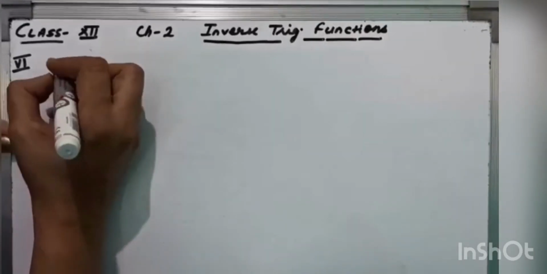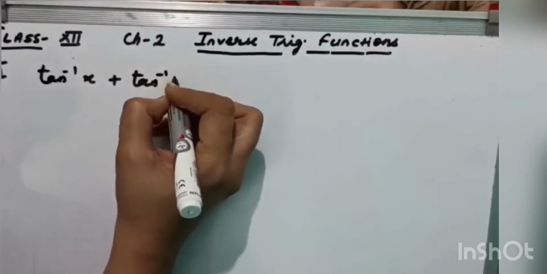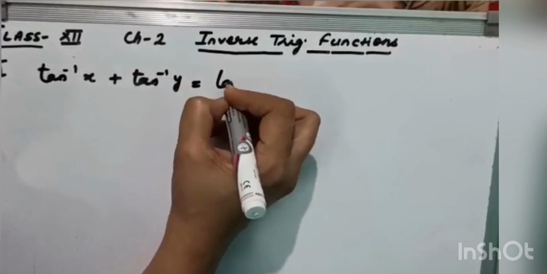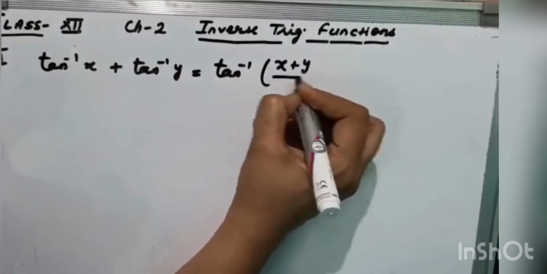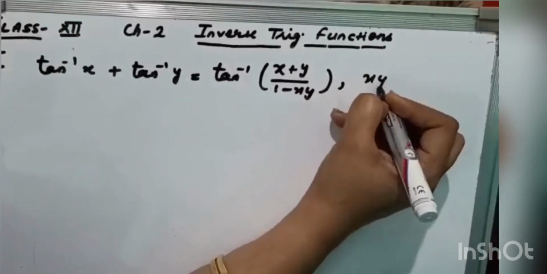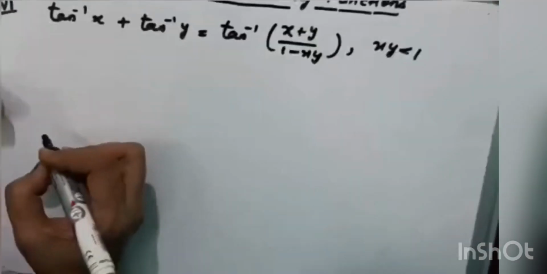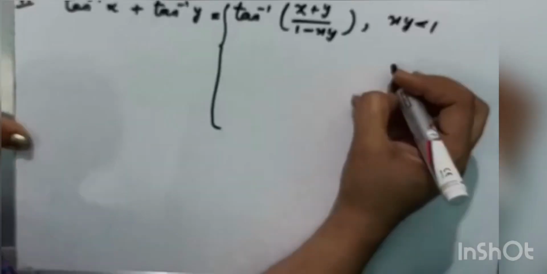Now our next property is tan inverse x plus tan inverse y is equal to tan inverse of x plus y over 1 minus xy, where xy is less than 1. Now there are some more conditions here.